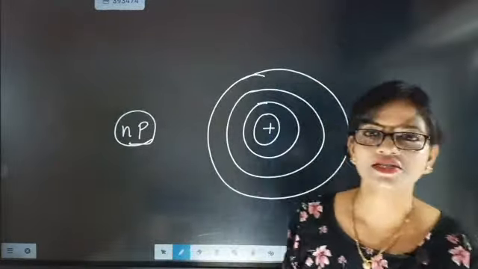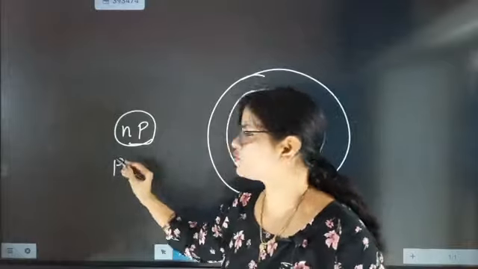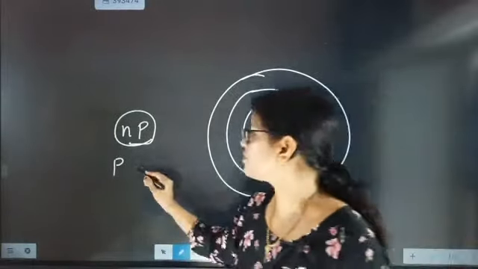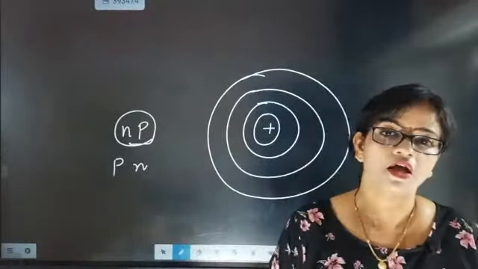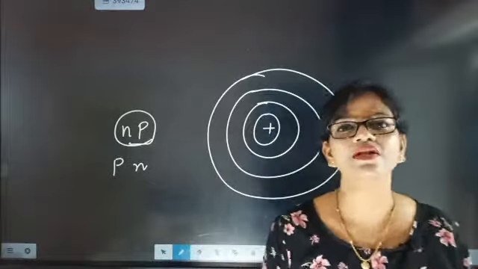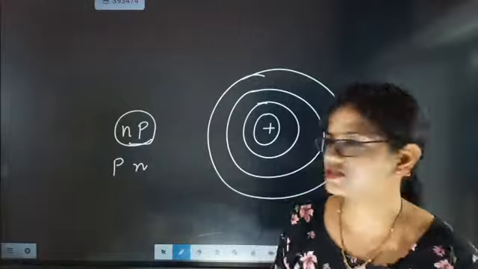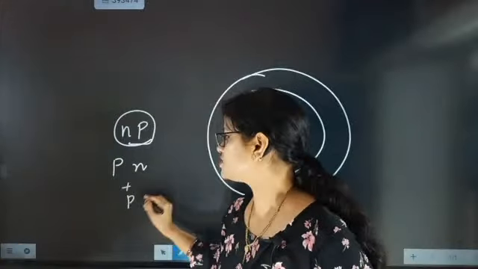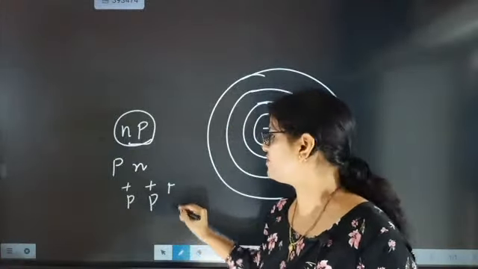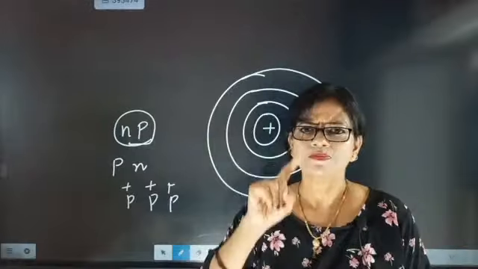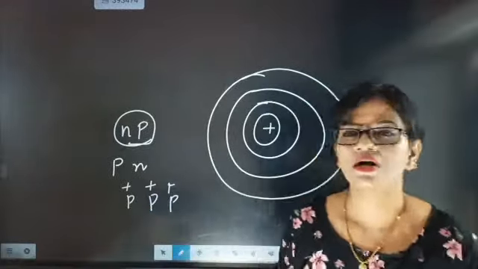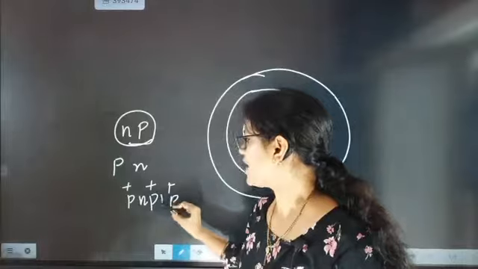You have to understand that there will be a number of protons and a number of neutrons inside the nucleus. Inside the nucleus, all protons are positively charged. Just understand the behavior very nicely. Between proton and proton, a neutron will be there every time.